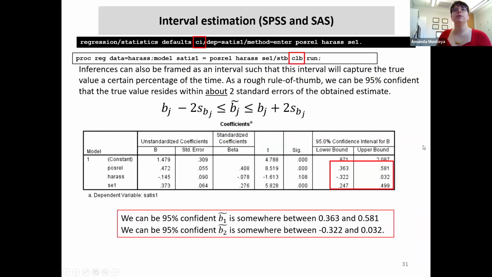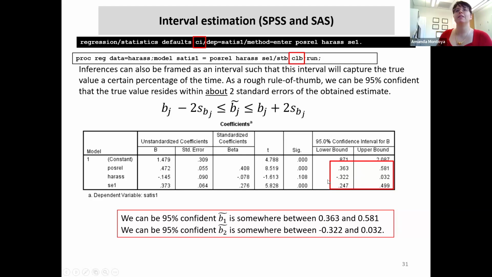We can also do interval estimation and confidence intervals. Confidence intervals are very, very popular in mediation analysis, so we'll be using these a lot. The basic idea here is that we can take our estimate and subtract out usually 2-ish, it's not exactly 2, but 2-ish times the standard error, and then take our estimate and add 2-ish times our standard error to get a 95% confidence interval.